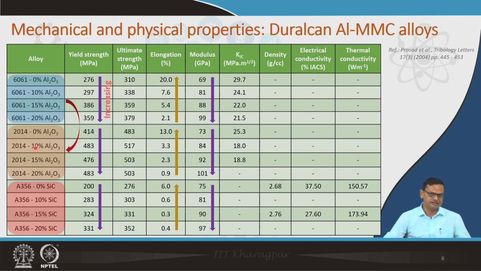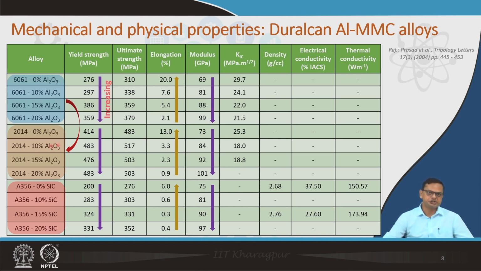With increase in Al2O3 amount, obviously the yield strength increases, modulus increases, and elongation decreases. No rocket science in that. In all cases, as you increase the amount of Al2O3, modulus and strength increase and the elongation goes down.